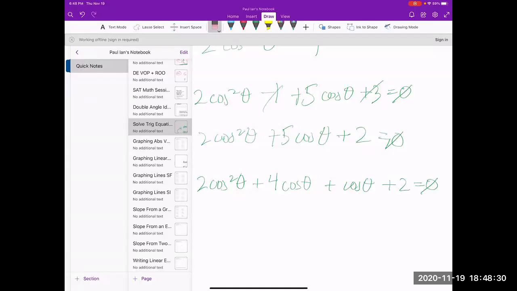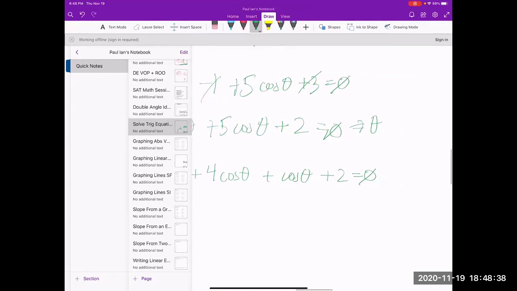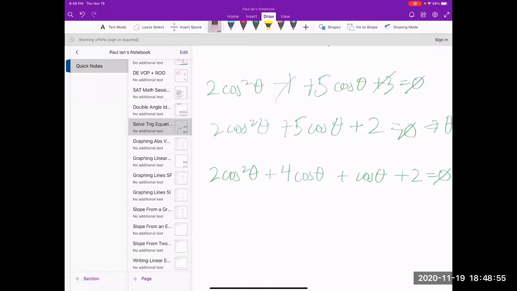But what was your answer for this one? It's 2 pi over 3 and 4 pi over 3. Let's see. Can you show a way that you plug it in to make sure it's right? Oh, you mean the one that you did?